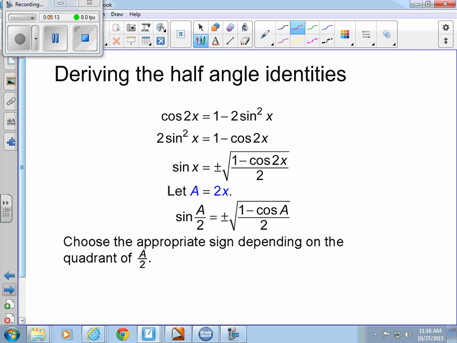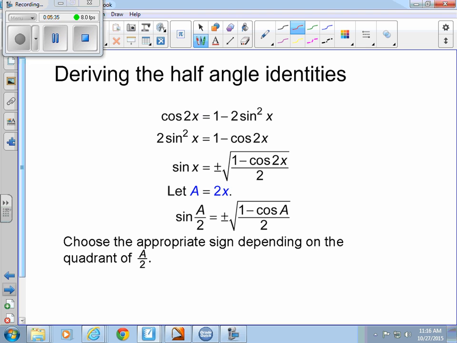So there's a couple of ways that we can do this. This is a textbook proof of the half angle identities. So what they start with is the double angle identities. Right. We know that cosine of 2x is 1 minus 2 sine squared of x. Everyone agree?